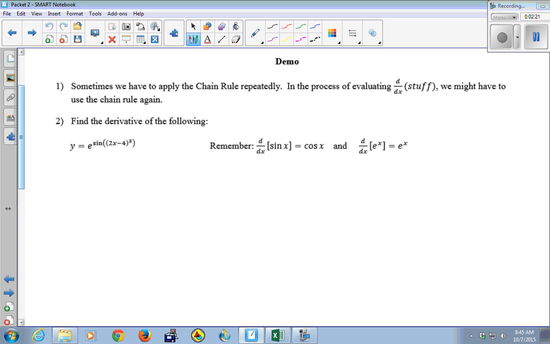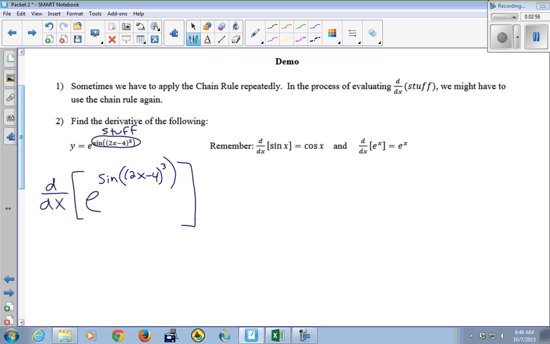All right, so let's think of this as y equals e to some stuff. So the derivative of e to some stuff, so I'm just going to write this out in many steps. You don't have to write out all the steps when you're doing this, but for the first few, I'm going to write them all out so that you can see exactly what I'm doing. So I'm just writing out the derivative of e to the sine of (2x minus 4) cubed. That's the thing I'm trying to take the derivative of.